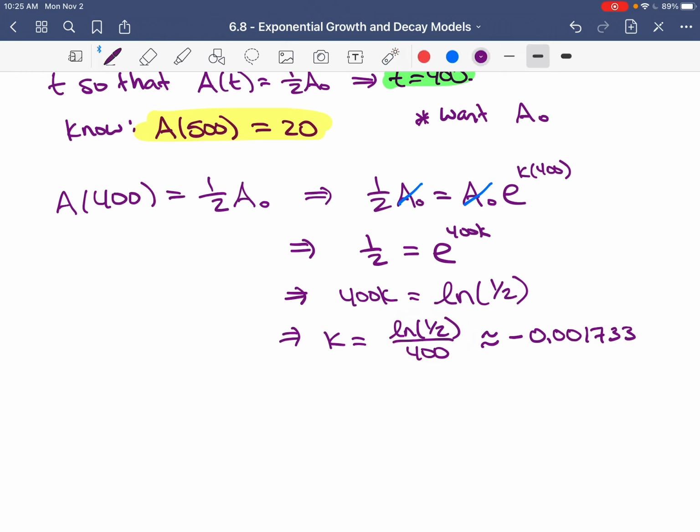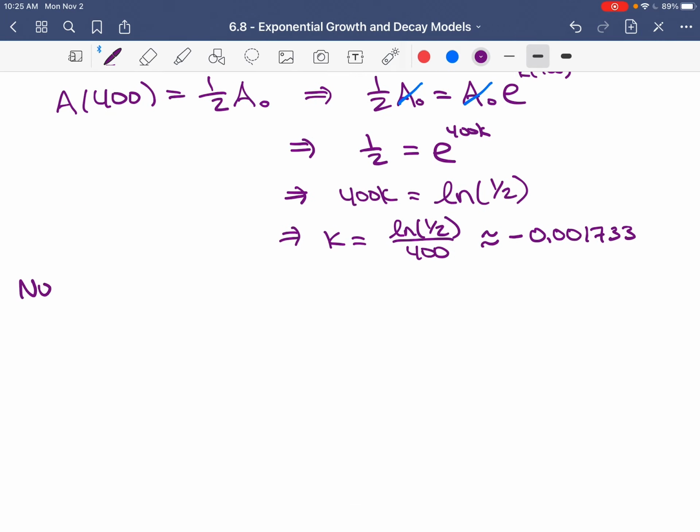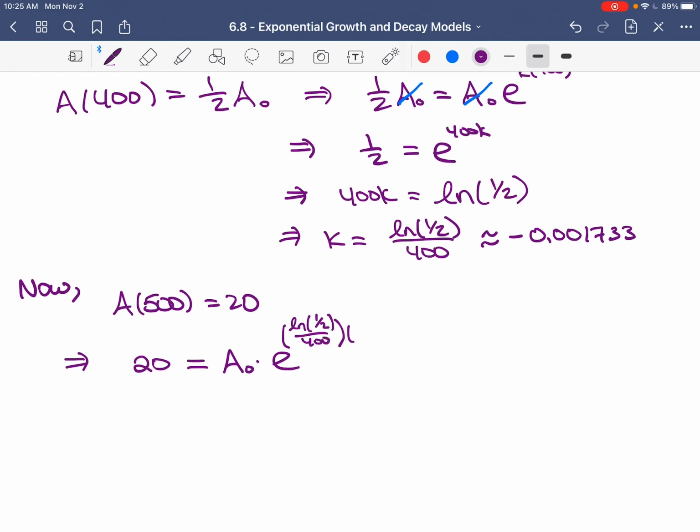Now we want to use our other piece of information to find A0. We also know A of 500 is equal to 20. So that means 20 is equal to A0 times e to the kt. Now I know the k value is ln of 1/2 over 400, and my t value is 500.